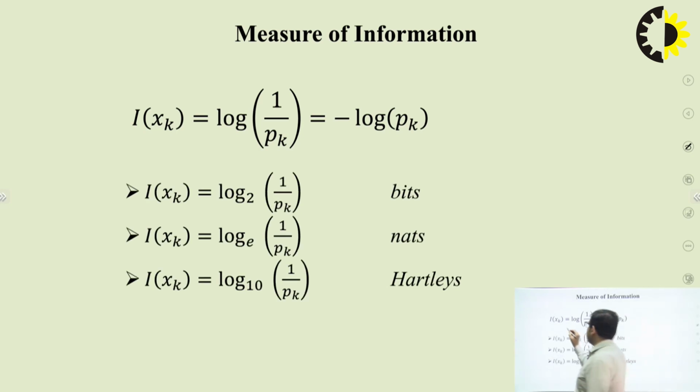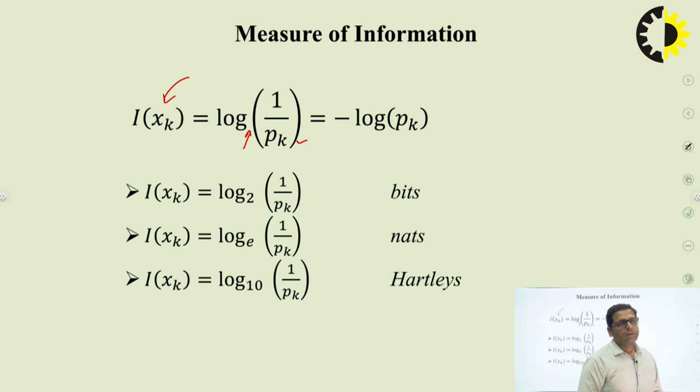The information corresponding to a symbol xk is equal to log 1 by pk, where pk is the probability of occurrence of symbol xk. The base of this log may vary.